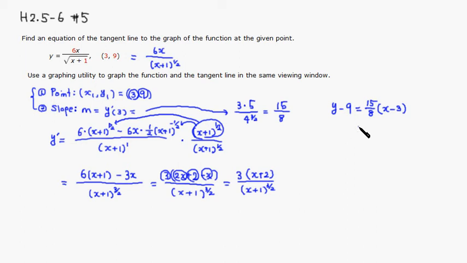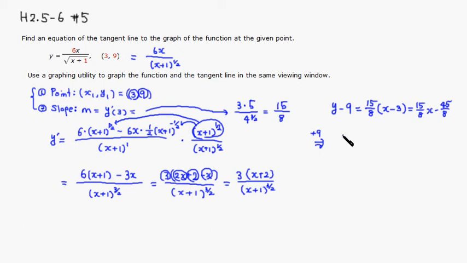If you want, we can multiply it out, so you get 15 over 8 x minus 3 times 15 over 8, which would be 45 over 8. Then we can isolate y by adding 9.